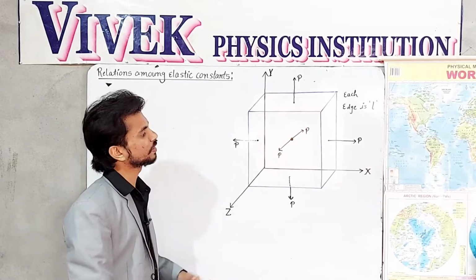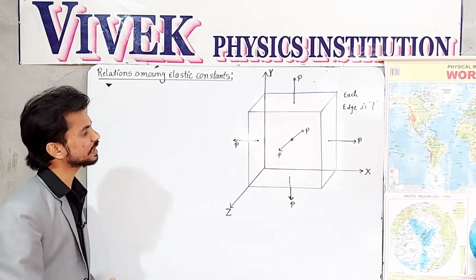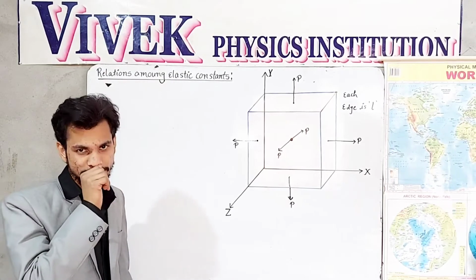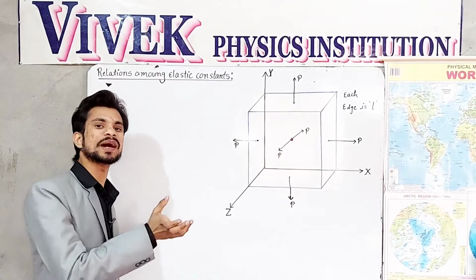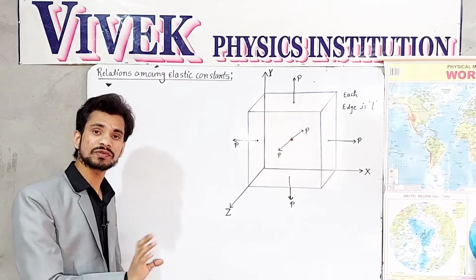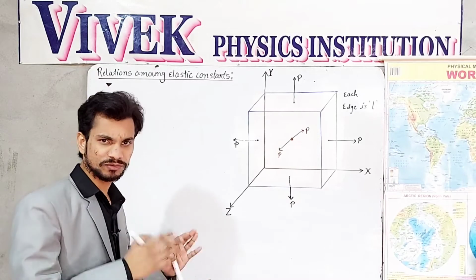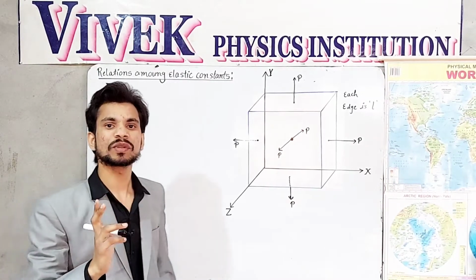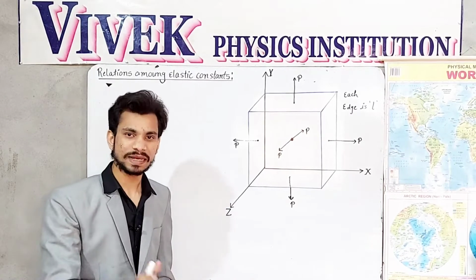Before beginning the derivation, I would like to point out one thing: the compressional strain and extension. In what conditions do we use Y for the extension, and in what conditions do we use the Poisson ratio for the compressional strains? So first let us take a look at them. You have to remember two things when you come across problems related to elasticity.